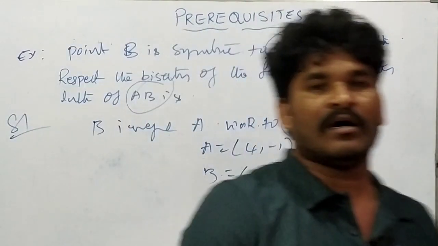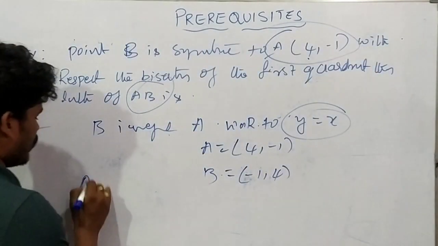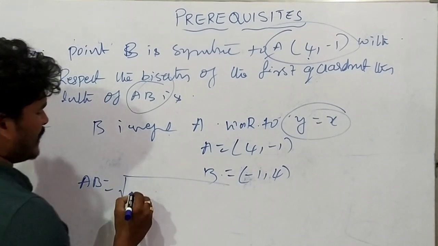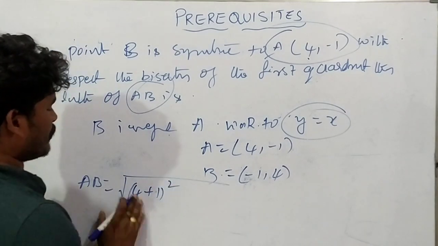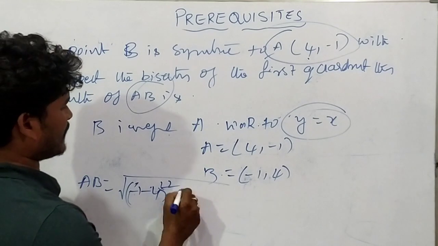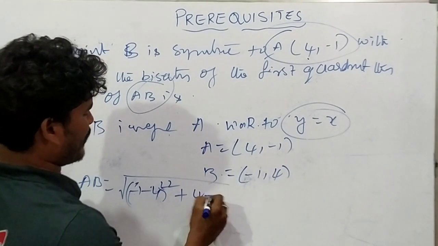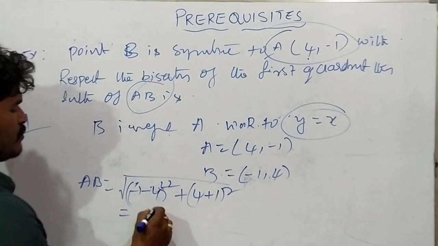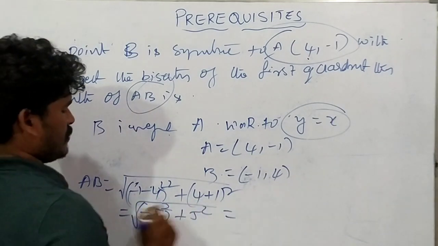These are the 2 points. Now we find the distance AB, which equals the square root of (x2 minus x1) whole square plus (y2 minus y1) whole square. That is (minus 1 minus 4) whole square plus (4 plus 1) whole square, so minus 5 whole square plus 5 whole square under the root.